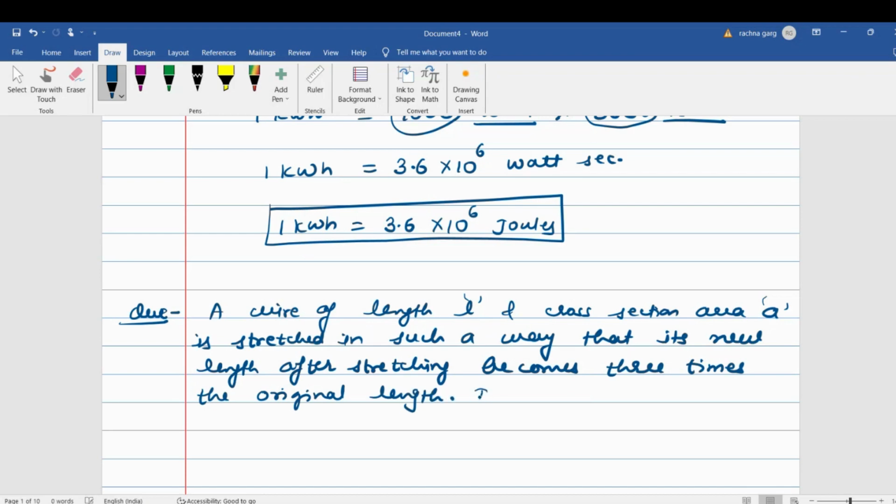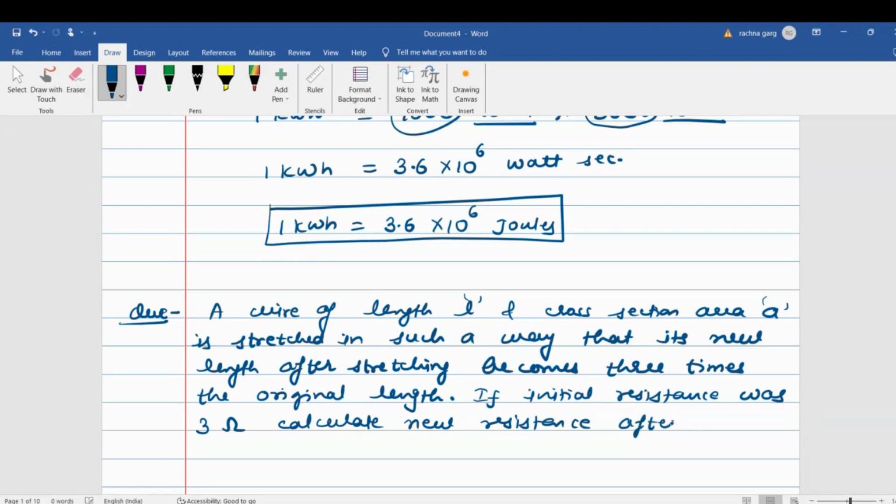Okay, if initial resistance was 3 ohm, calculate new resistance after stretching.